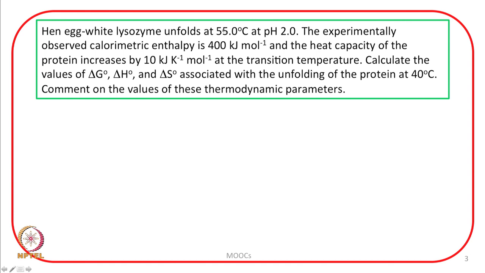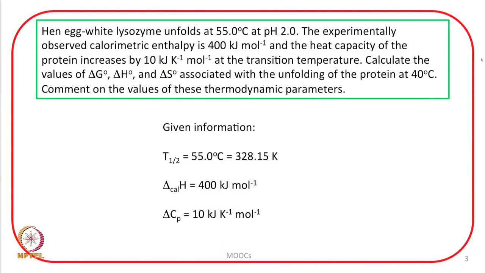So, obviously, since the temperature is changing from 55 to 40, it immediately reminds us of the thermodynamic parameter which connects a thermodynamic property from one temperature to another temperature, and that is heat capacity. Therefore, we will definitely need the value of delta Cp, the change in heat capacity, to calculate the required thermodynamic parameters, and that information is given.